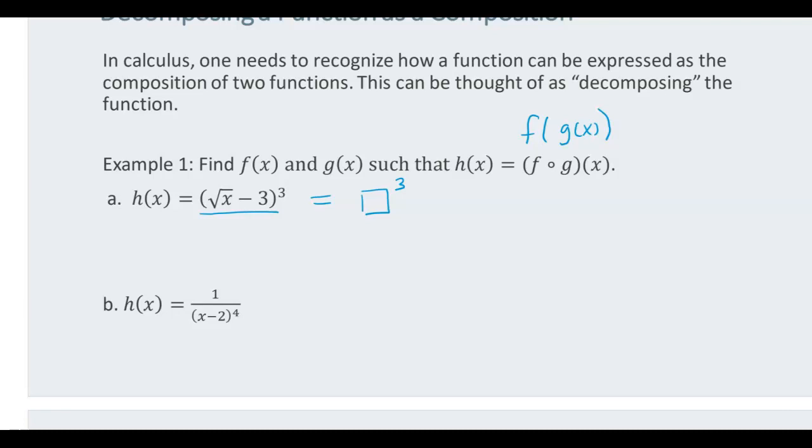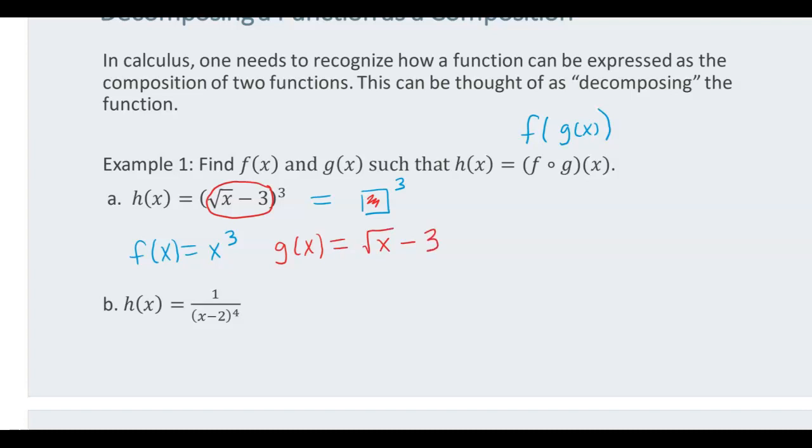Let's say that f of x is x to the third power. And then g of x is going to be what we plugged in, which is the inside of the parentheses, or this part. So let's say that g of x is equal to the square root of x minus 3.